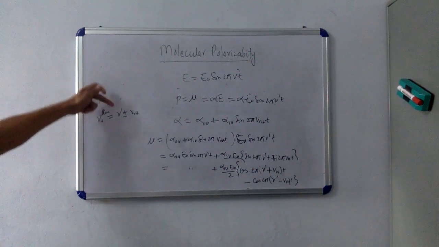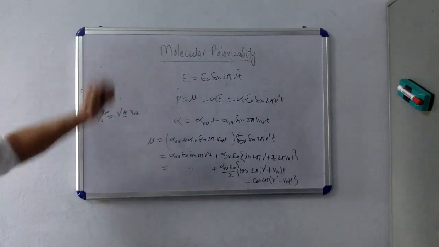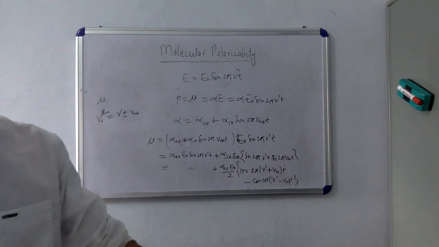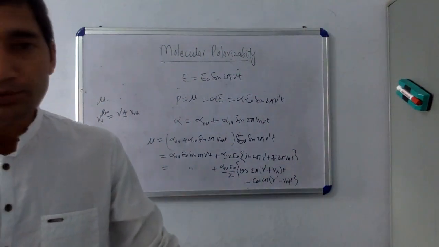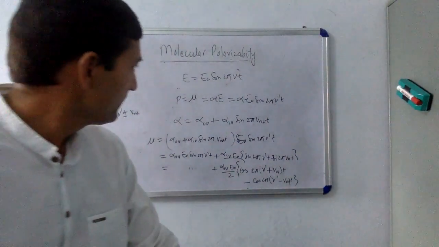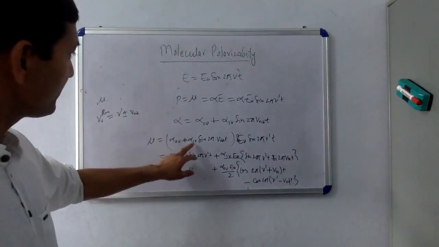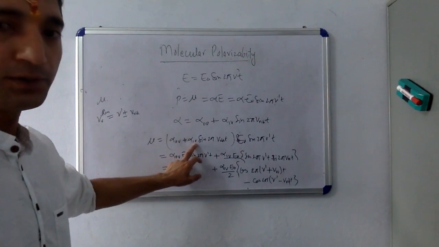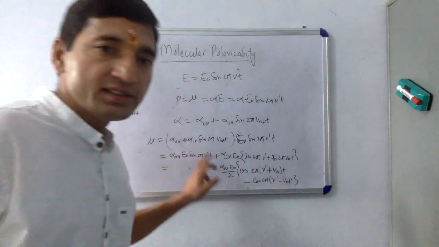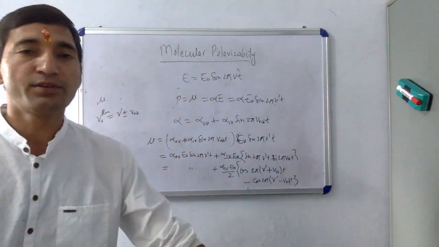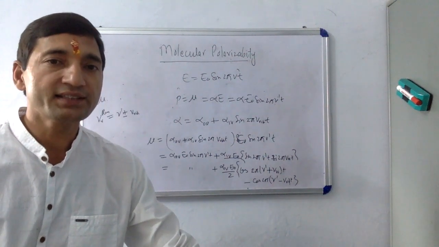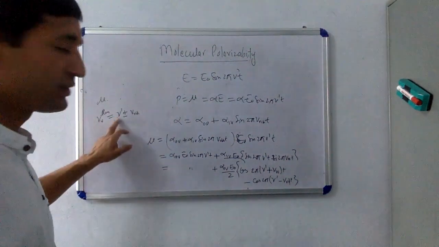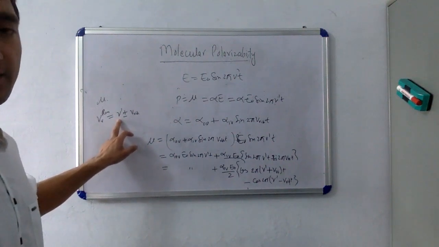You have additional new lines at the exciting frequency plus or minus nu vibrational, the Stokes and anti-Stokes lines. If you look at it carefully, if the value of alpha 1 of nu is equal to 0, that is, if your vibrational frequency is not altering your polarisability, then you are getting only this term. It means that is the Rayleigh line.